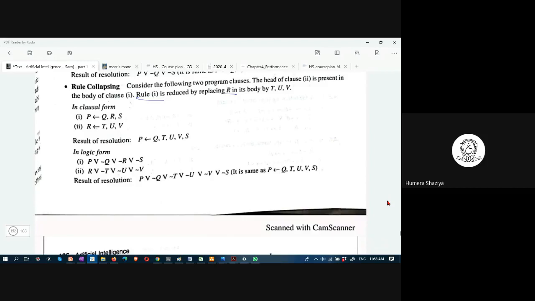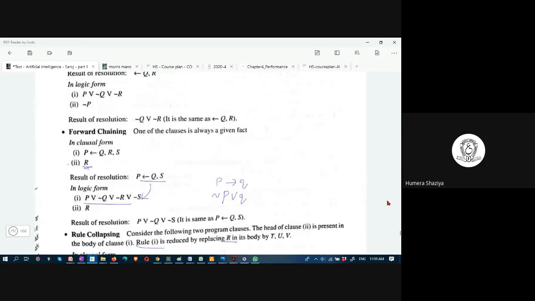And in logic form, it is written as P or not Q, not R, not S, like this, R, this is not T. Implied by is replaced by or, and then these normal literals would be negated, and then the result of resolution would be P, Q, T, U, V, S. All these negations, when you change it into this implied form, would be eliminated.